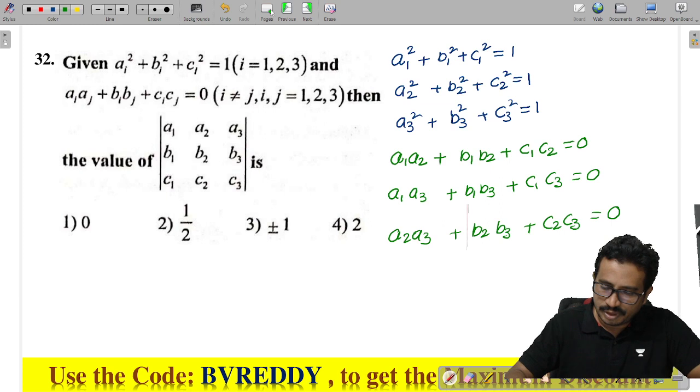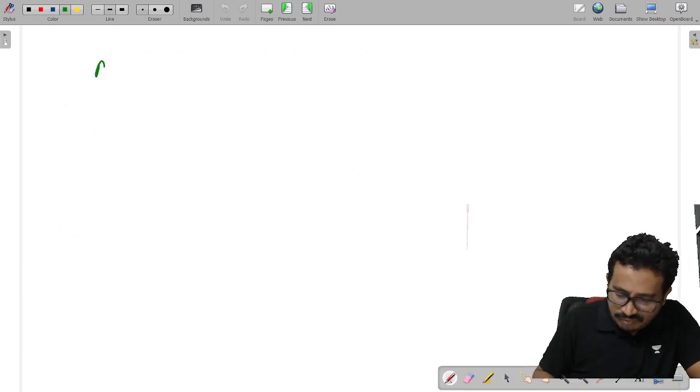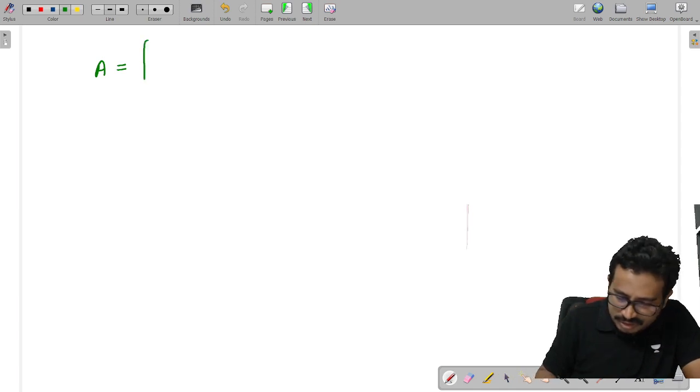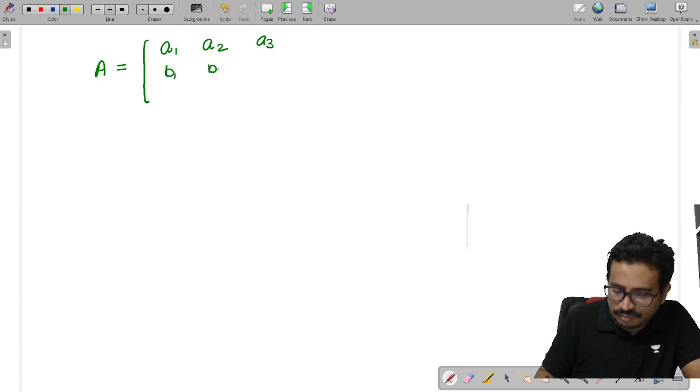Now they gave some matrix, and I am taking that matrix as A. I am considering this as a1, a2, a3, b1, b2, b3, c1, c2 and c3.